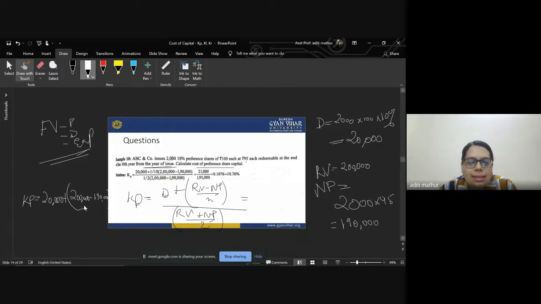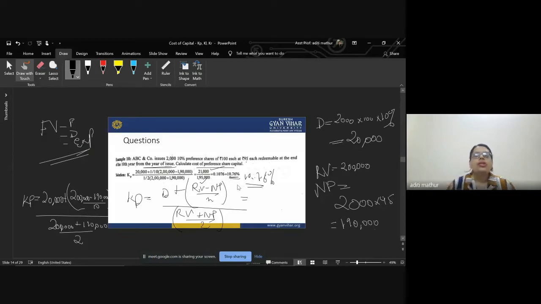Our N is 10, so divided by 10, whole divided by 2 lakh plus 1,90,000 divided by 2. So which will be equal to 21,000 divided by 1,95,000, and which will give us 10.76%.